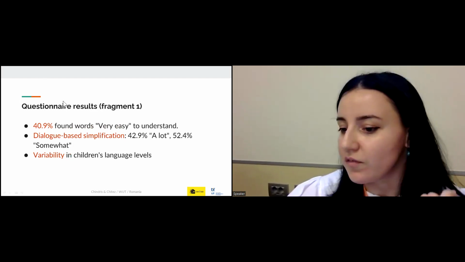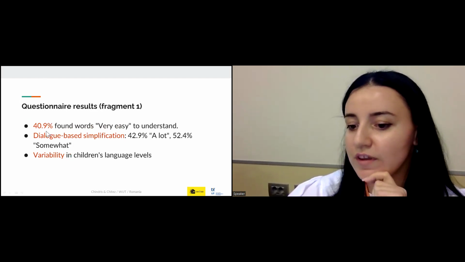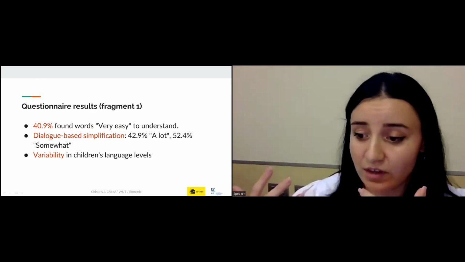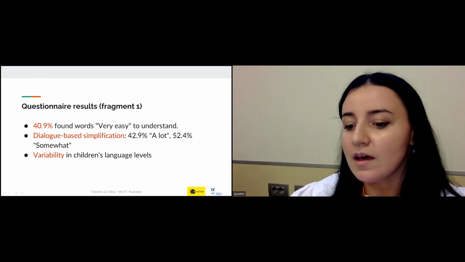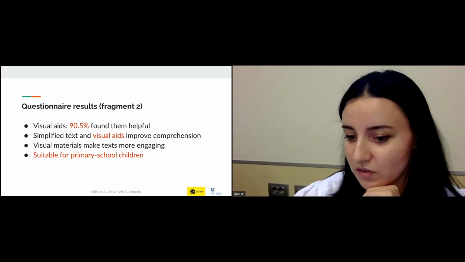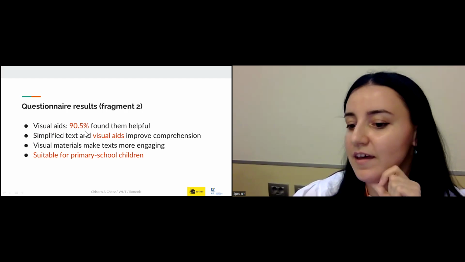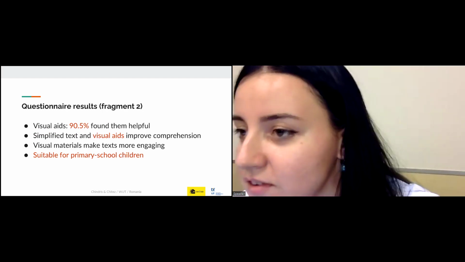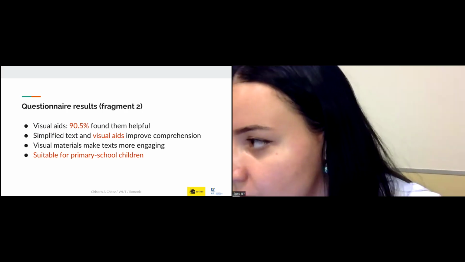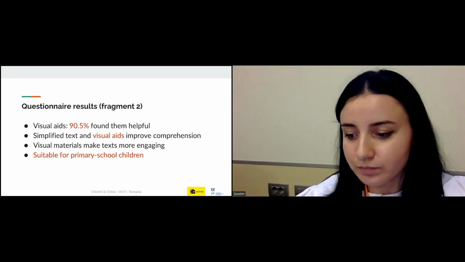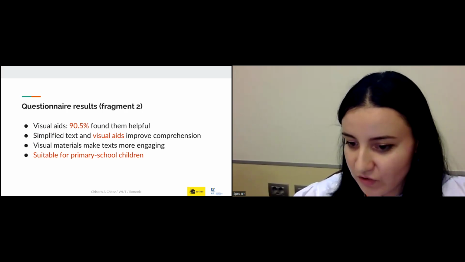As far as the first fragment is concerned, 40.9% found words very easy to understand. And as far as the second fragment is concerned, 90.5% found the visual aids, the collage itself, very helpful to use besides reading the text.